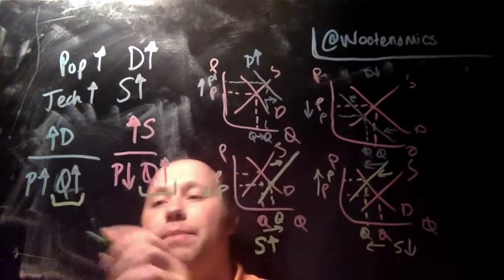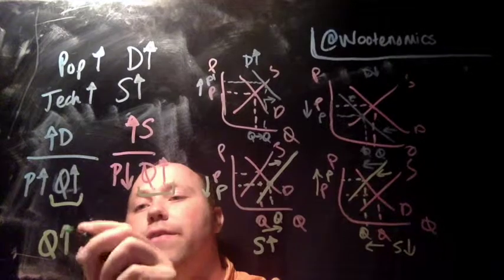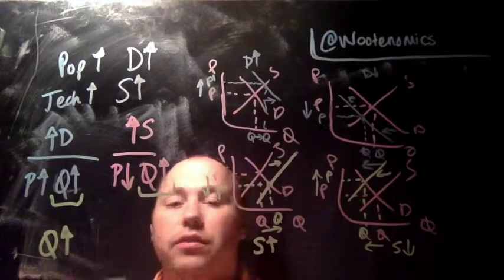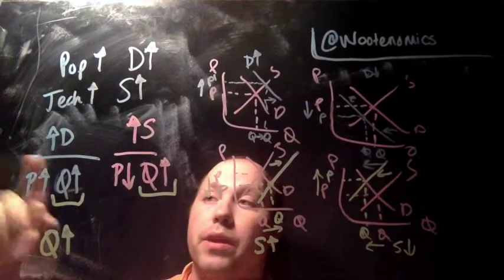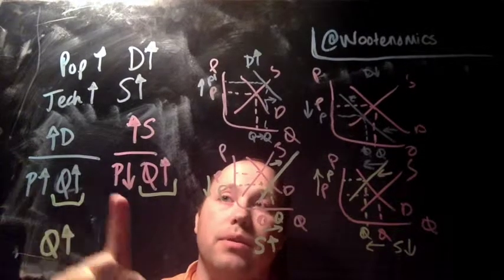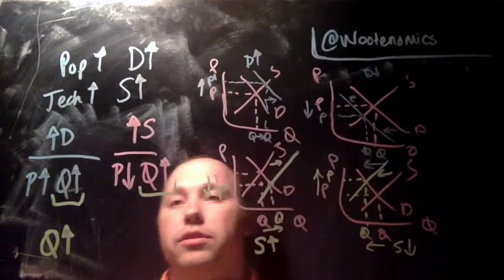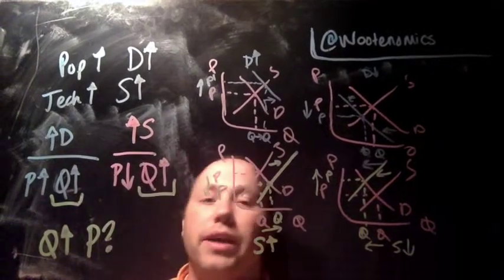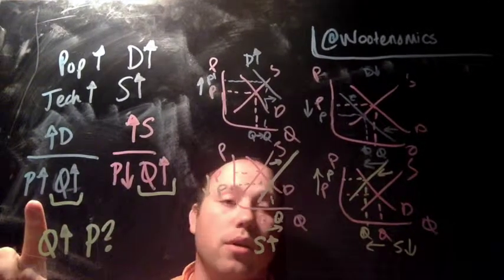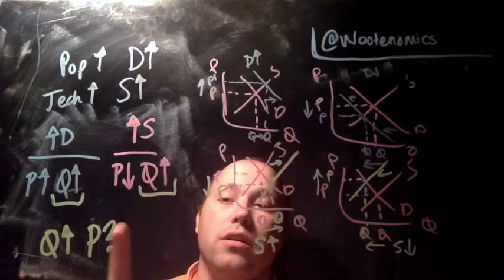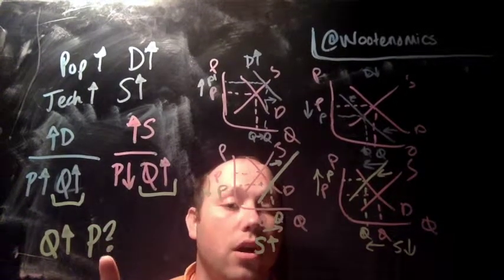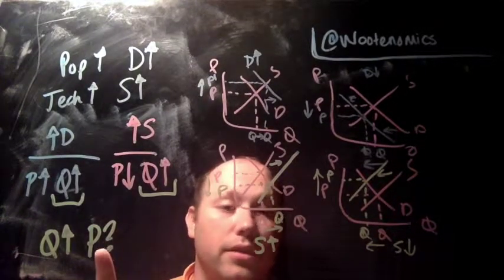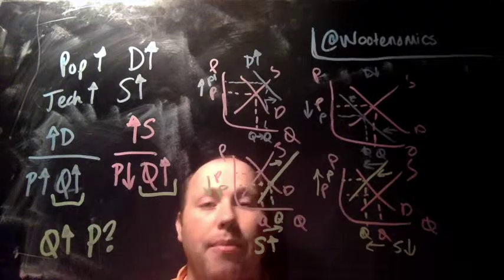When these dual shifts happen at the same time, we are certain that quantity is going to go up. The problem rests in the price. Price could go up or price could go down. We call this price being ambiguous. We don't know what's going to happen.